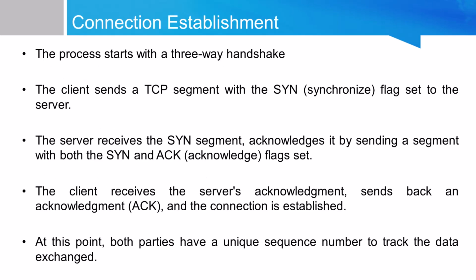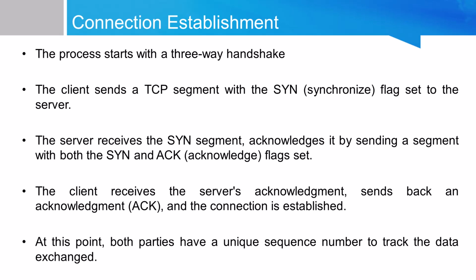The first one, connection establishment. The process starts with a three-way handshake. First, the client sends a TCP segment with the synchronize flag set to the server. Now the server receives the synchronize segment and acknowledges it by sending a segment with both the synchronize and acknowledgement flags set.